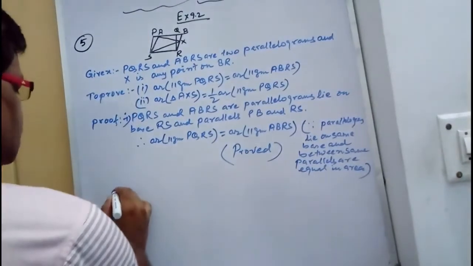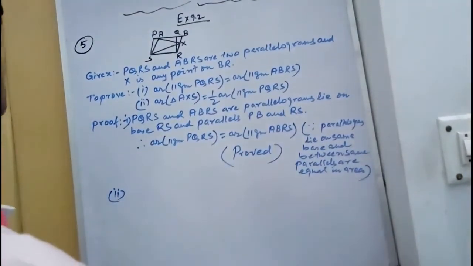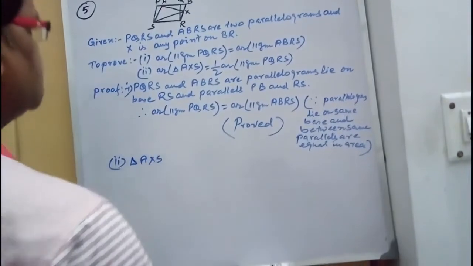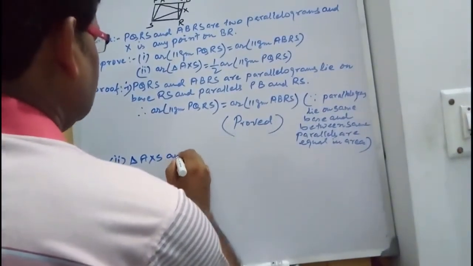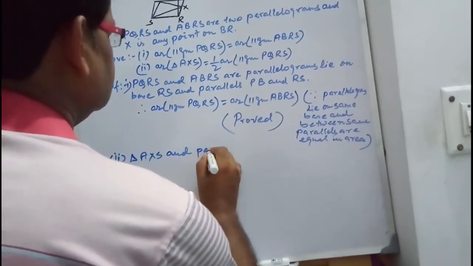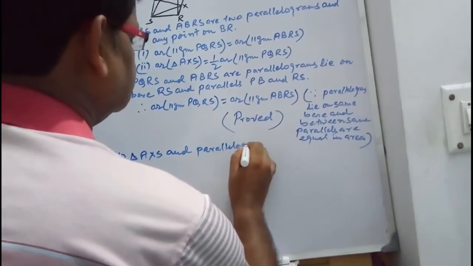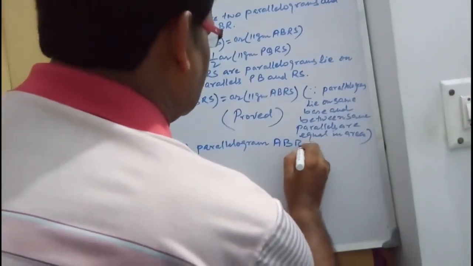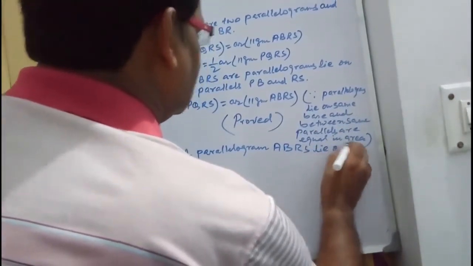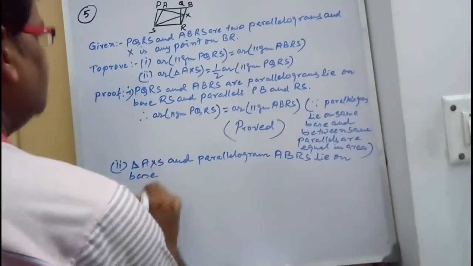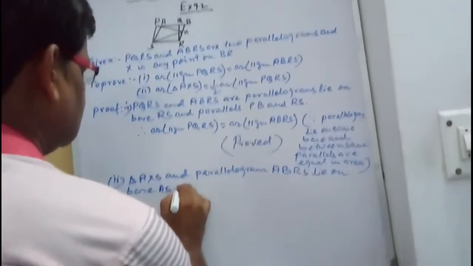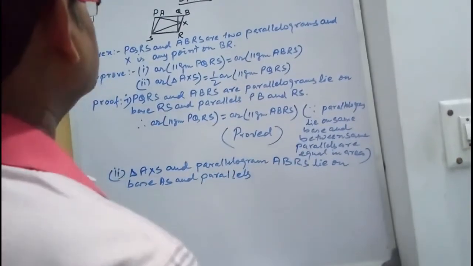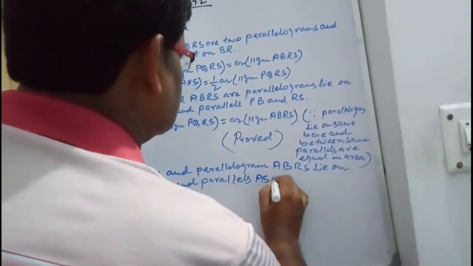Now in number 2, triangle AXS and parallelogram ABRS lie on base AS and parallels AS and BR.